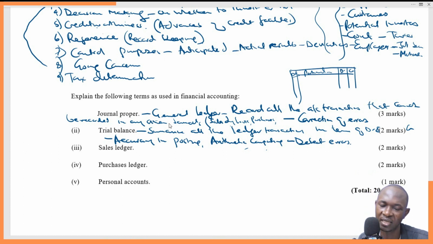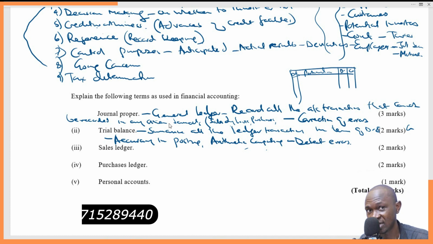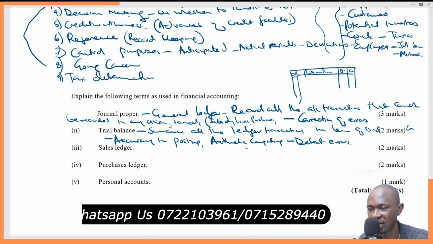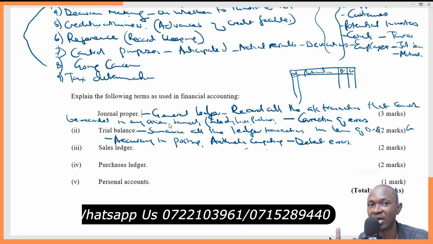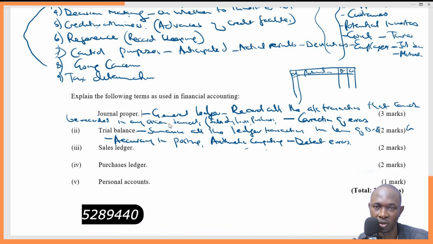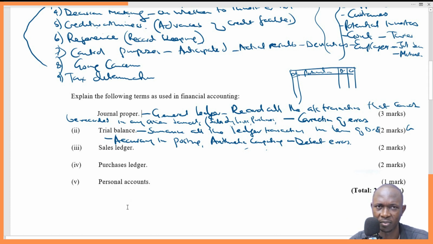If there are any errors, so that the debit side and the credit side don't balance, the trial balance will detect. Though we also have errors that the trial balance may not be able to detect, as we have discussed in one of the questions above. I think question 2. We have discussed errors that cannot be disclosed by the trial balance.